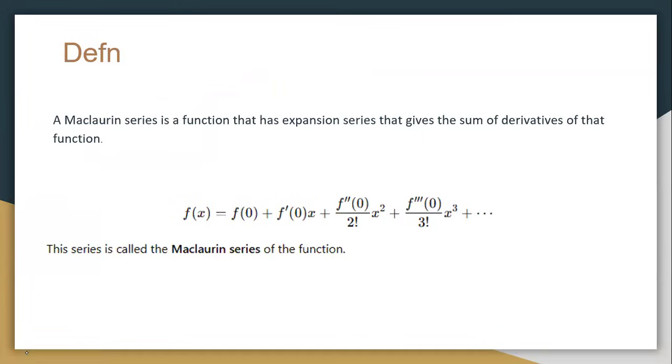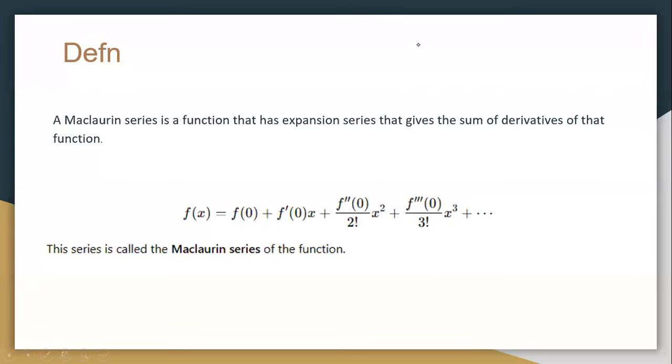So when we talk about the Maclaurin's theorem, what is it? The Maclaurin's series is that function that has an expansion of the different sums of the derivatives that we can use to obtain a series. And how is it defined?